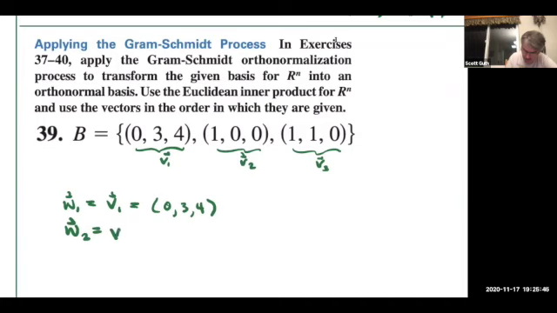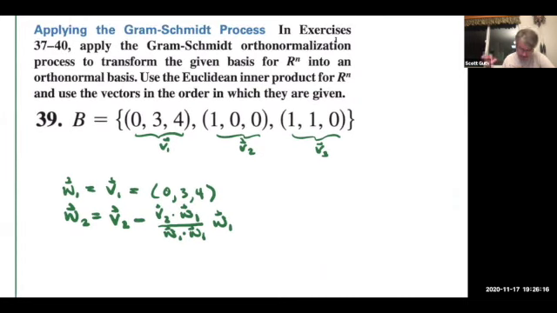You would take V2 and subtract the inner product of V2 with W1 over the inner product of W1 with itself, times W1. And so that's just the formula.